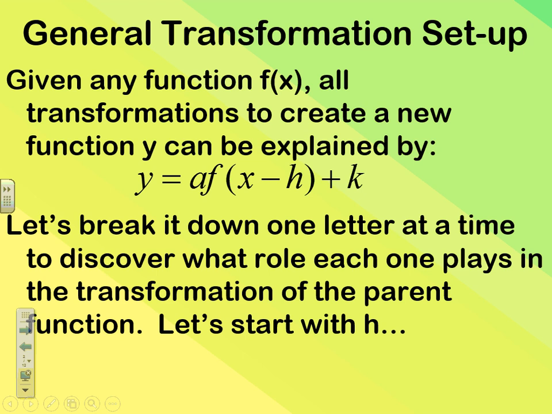Everything inside of the parentheses is going to have some kind of horizontal effect, meaning that's what causes it to slide left to right. Everything on the outside is going to have some kind of vertical effect.